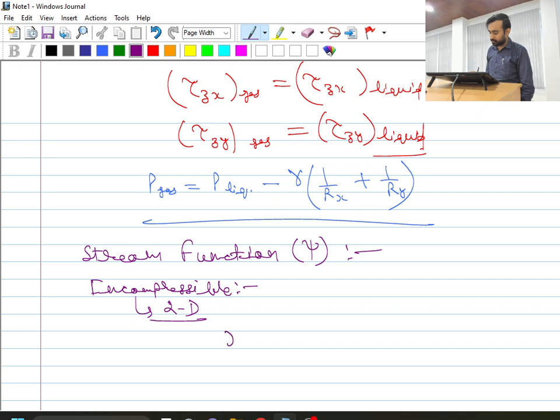My continuity equation will be del u by del x plus del v by del y equal to 0. So this will be the continuity equation for two-dimensional incompressible flow. Okay.